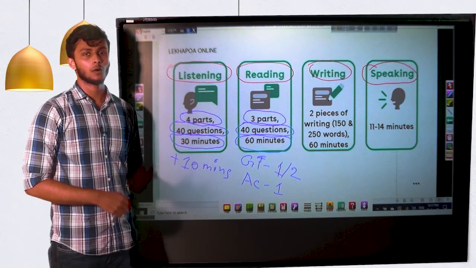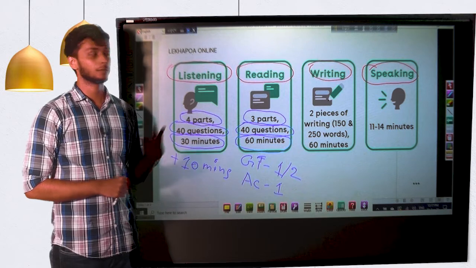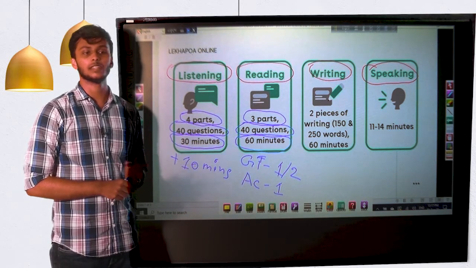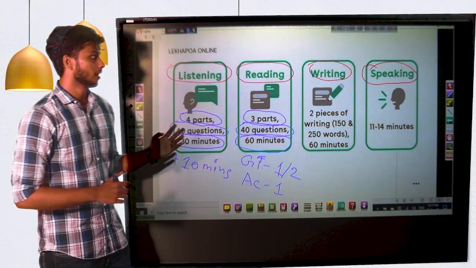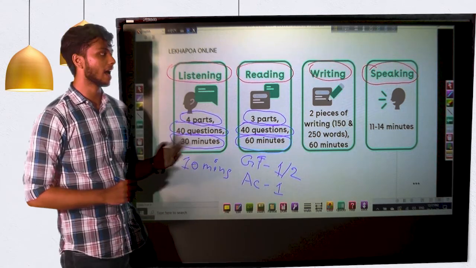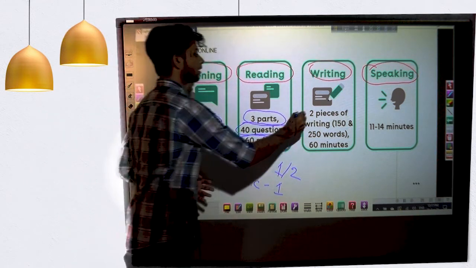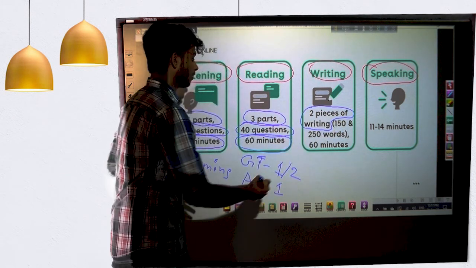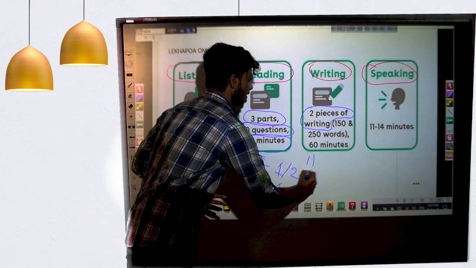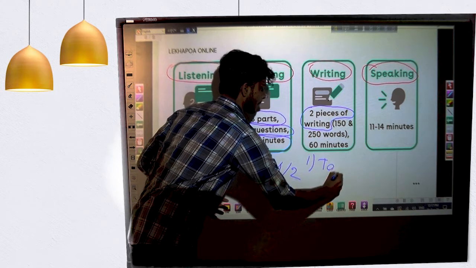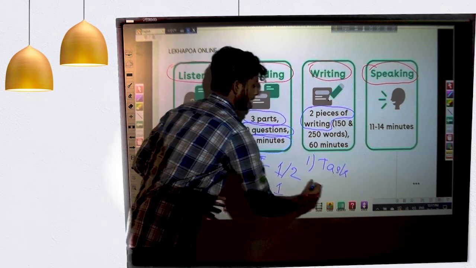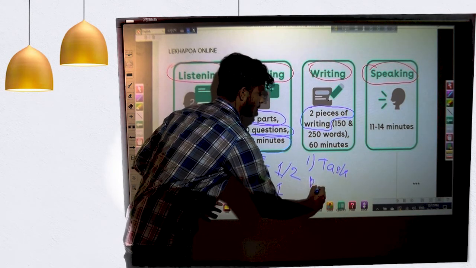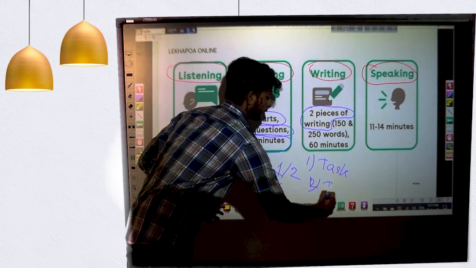The writing module is also a little bit different for the two tests, academic and general. Here you will have 2 tasks, or you will get 2 pieces of writing. The first one is called task 1, and the second one is called task 2.